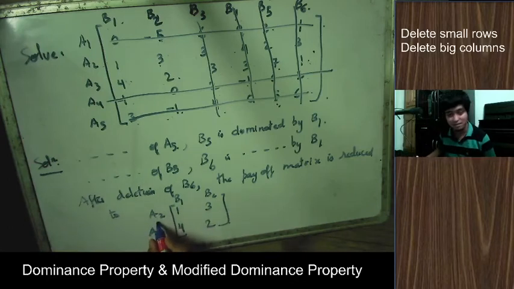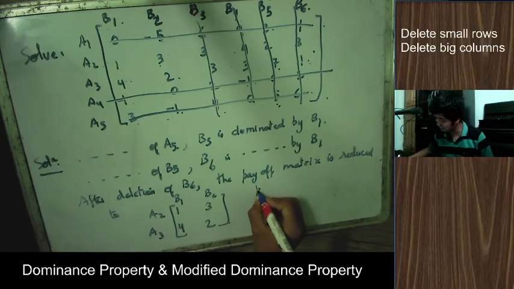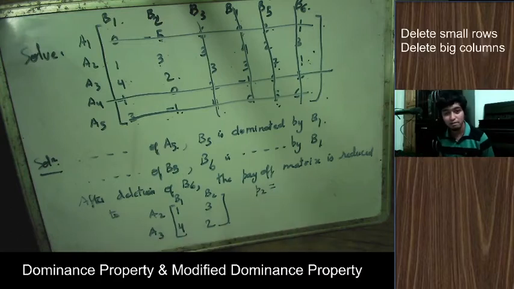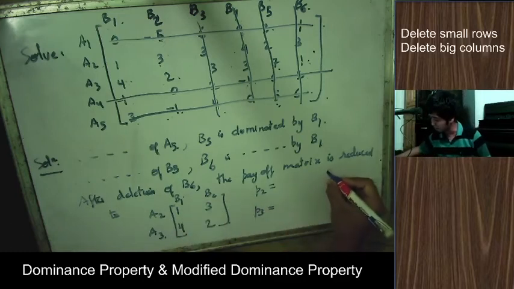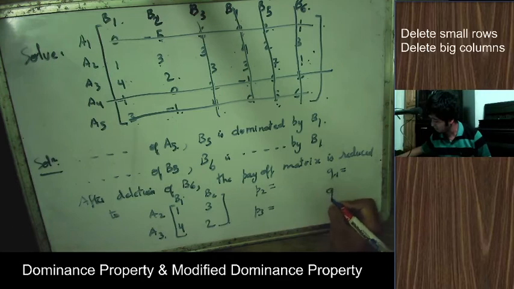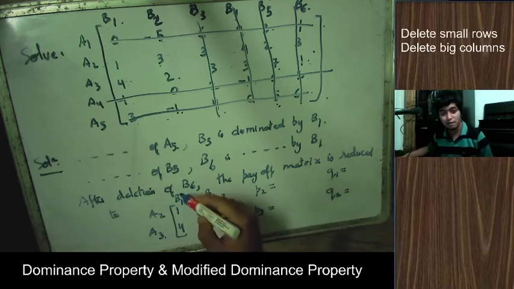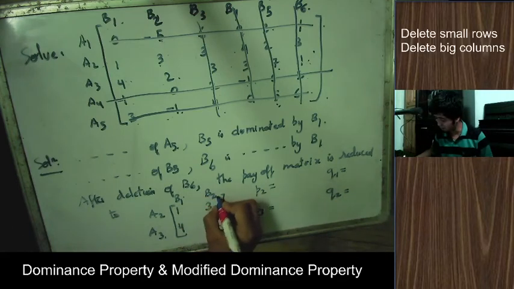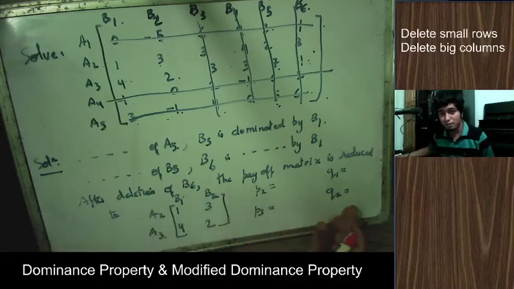The corresponding strategy for A2 is P2. You can find it out. Similarly, you can find P3. Then you can find the corresponding strategy for Q1 by using the formula, and you can find Q1 and Q2. The other probabilities will be 0.